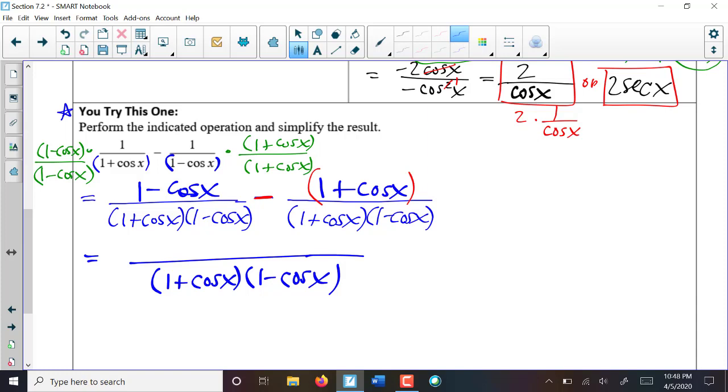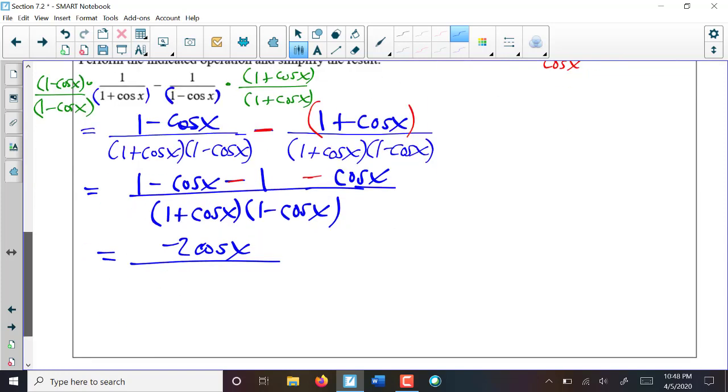So I have 1 minus cosine x minus 1 minus cosine x, which simplifies to 1 minus 1 is 0, minus cosine x and minus cosine x is minus 2 cosine x.